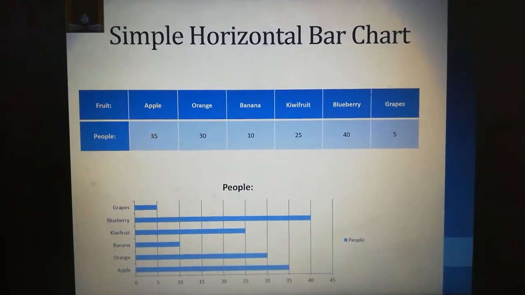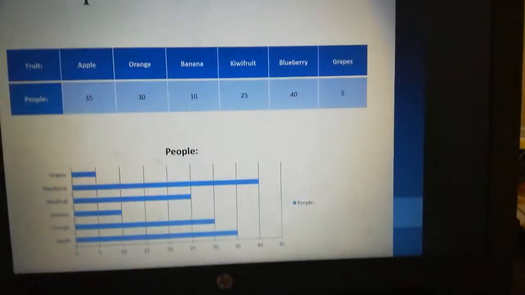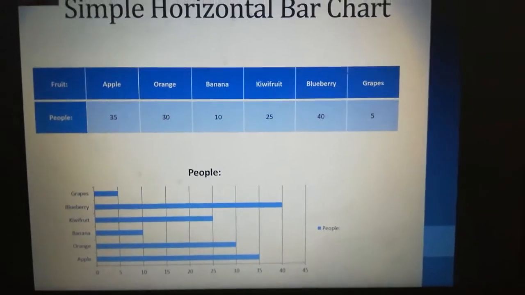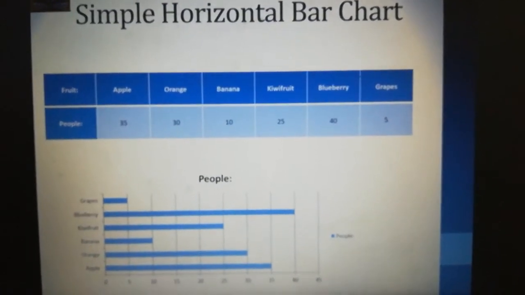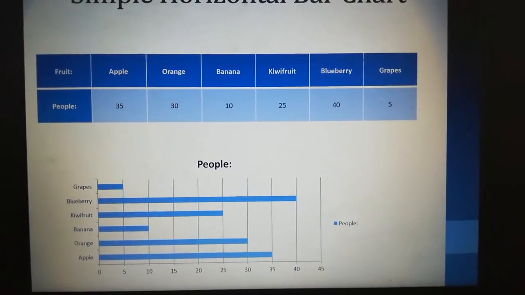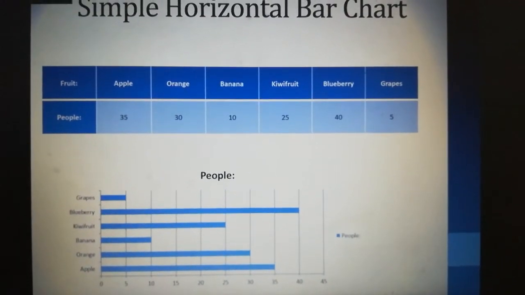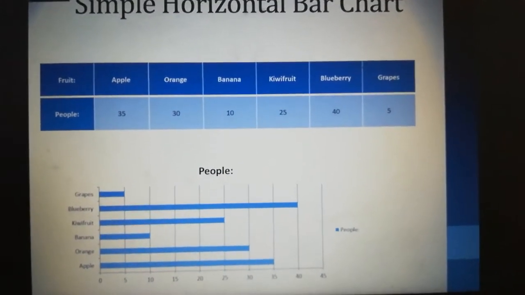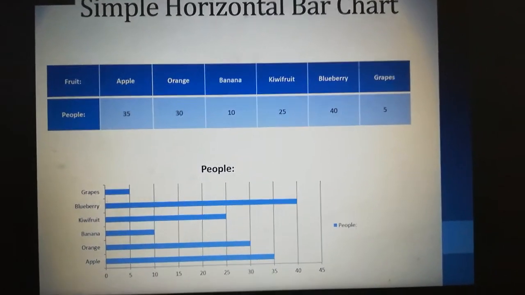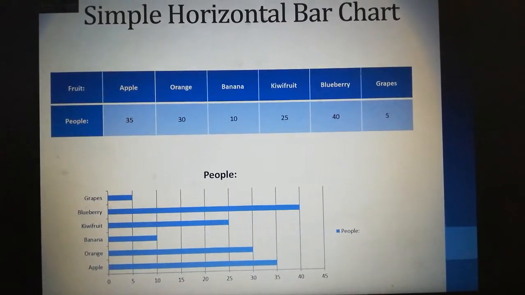So we could see the bar is represented horizontally. We can see on the x-axis the people, and the y-axis shows the type of fruits.